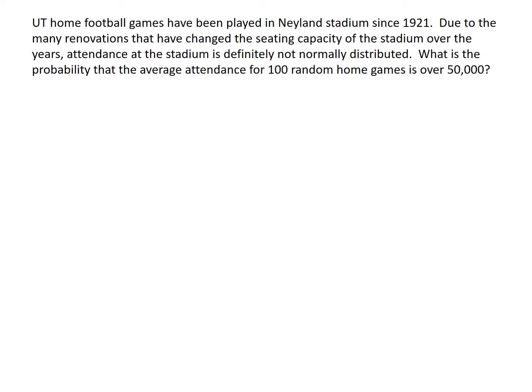So we're asked to find the probability that the average attendance for 100 random games is over 50,000. Again, that average is for 100 home games. There have been way more than 100 games in Neyland Stadium, so this is X bar.